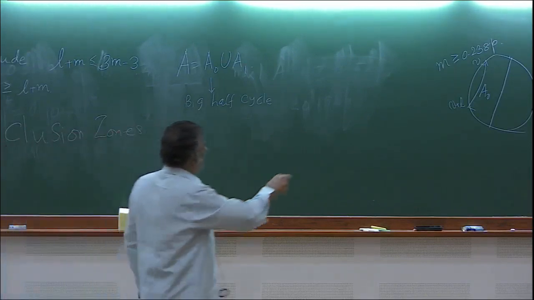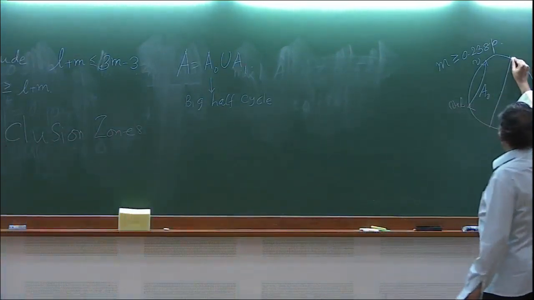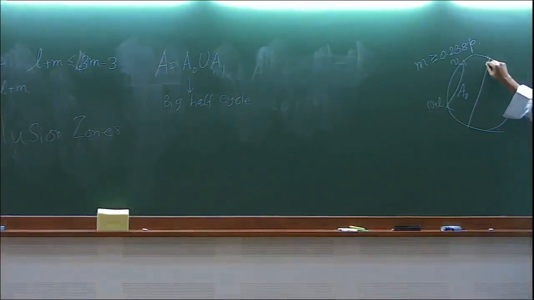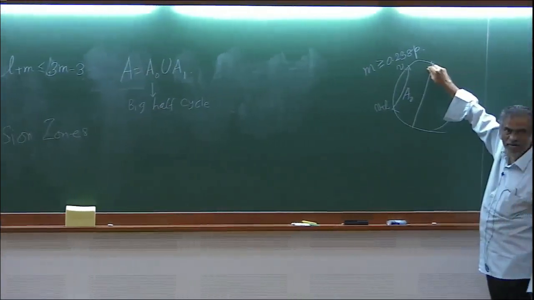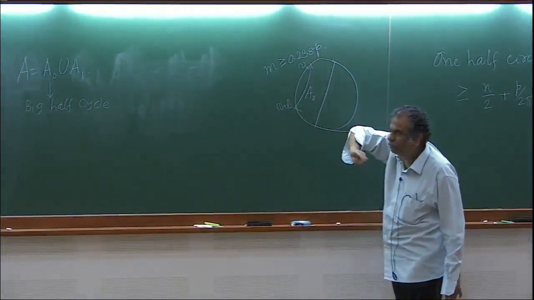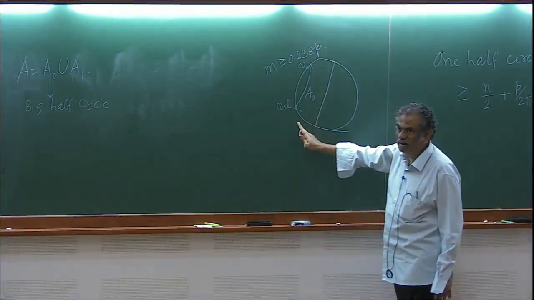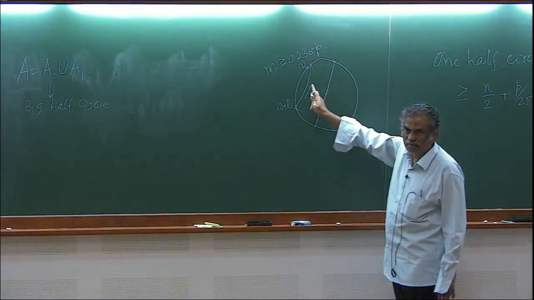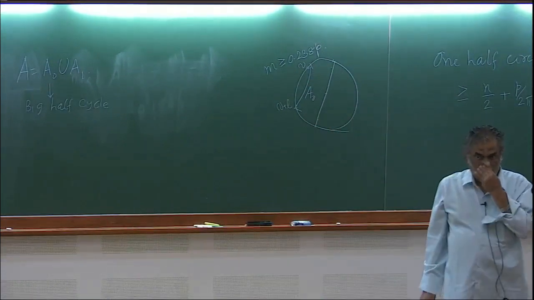Whatever is in this half circle is my A0, and it actually lies not completely spread, but over an interval of length L, somewhere, where L is around 0.444.